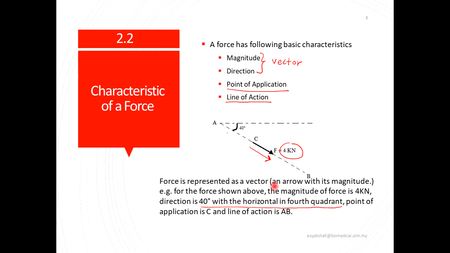Okay, previously I explained that usually the angle is measured from the x-axis. So usually the angle is measured like this, but this is another term that they usually use, that is the quadrant. So for this one, we have the first quadrant, second quadrant, third quadrant, and fourth quadrant.